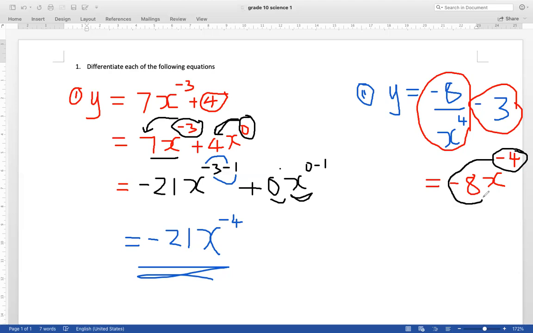Now we can clearly see from here that both the power and the coefficients are negative. Therefore, when we multiply them, we're going to get a positive value. So 8 times 4, definitely this gives us 64x. To this negative 4, when we subtract a 1, we will have negative 5 as the answer. So this is where our answer was going to.